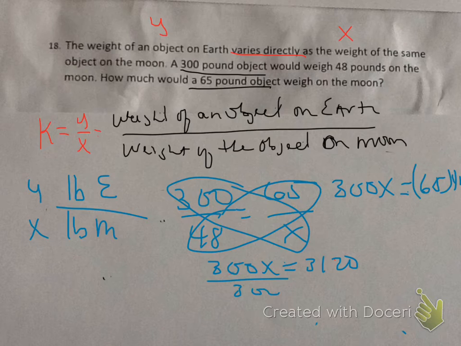Now divide both sides by 300, and you get x equals 3,120 divided by 300. And you get 10.4, just like we've been getting. So you still can get the same answer no matter which way you do it.